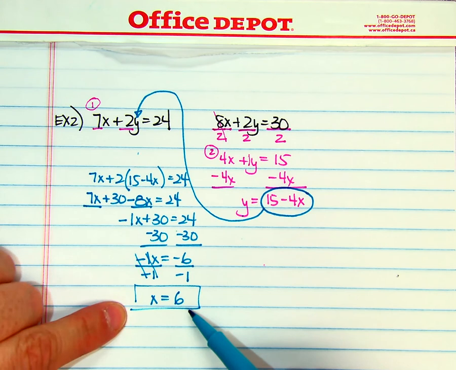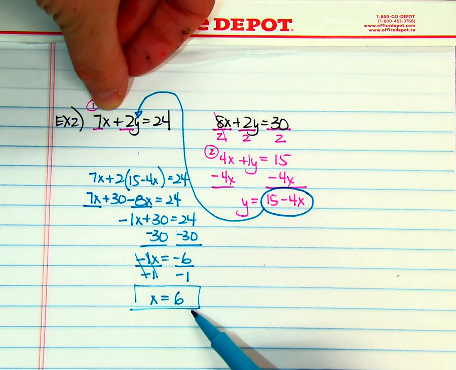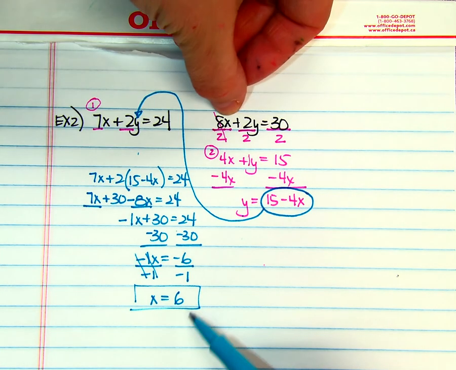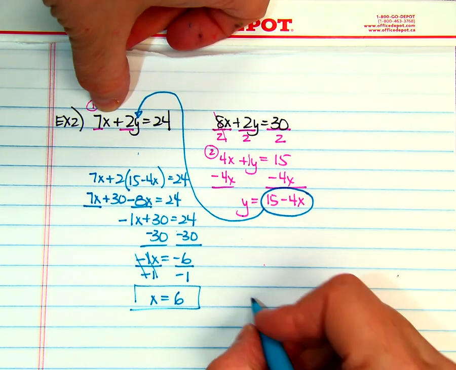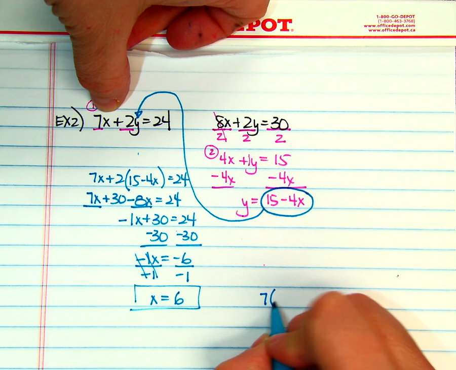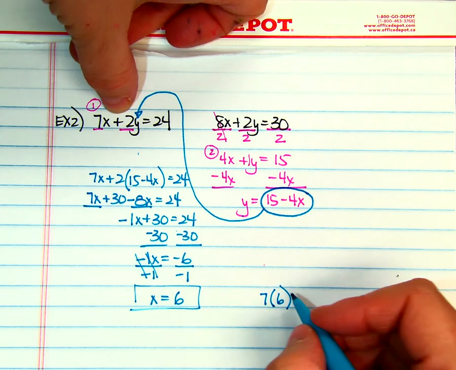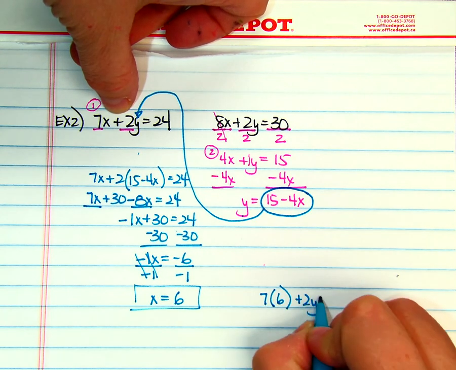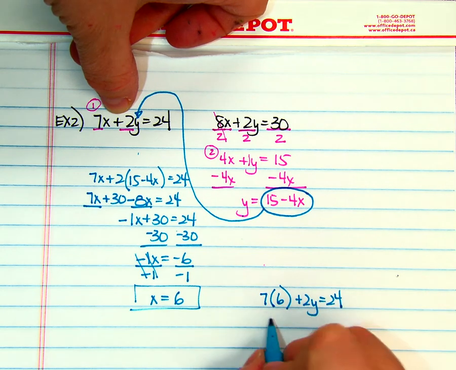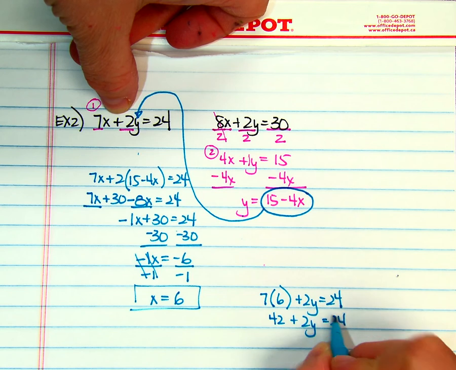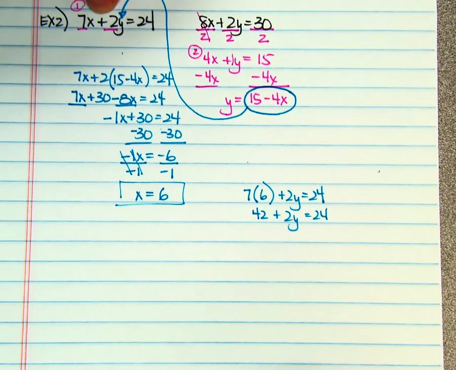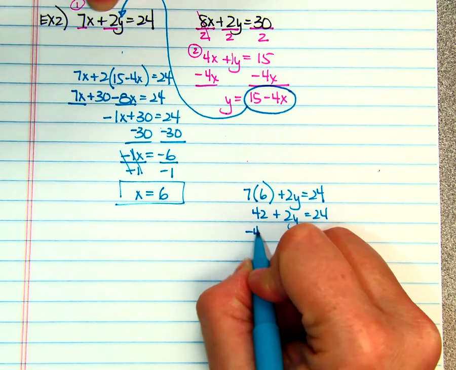So I need to put 6 into either this first x or in this second x. It doesn't matter. I'm going to go ahead and do it in the first one just because it's first, no particular reason. So 7 times my x of 6 plus 2y equals 24. 42 plus 2y equals 24. I'm going to subtract 42 on both sides to solve for y.